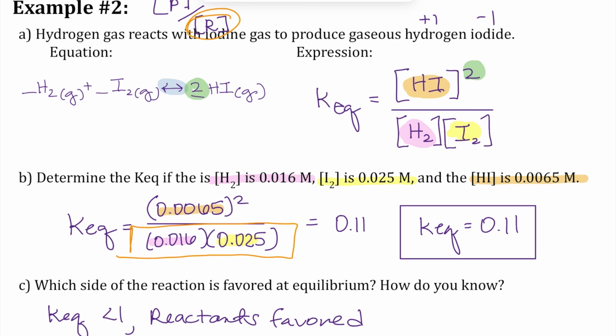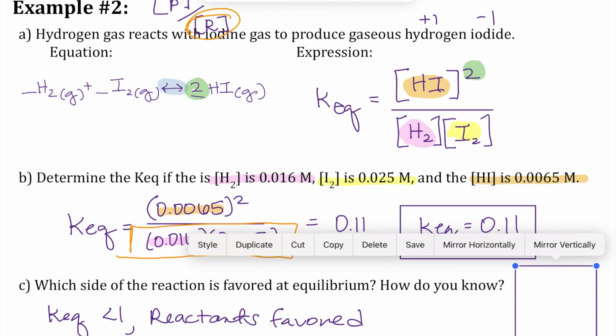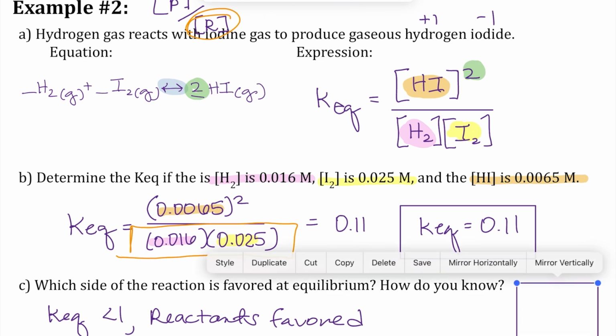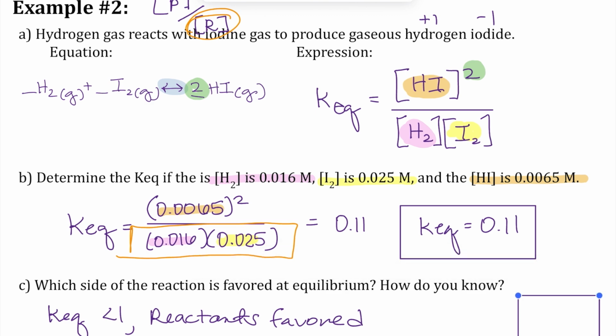If we wanted to model this, I didn't put any modeling on this section of notes, but we could go ahead and model that, and showing that the reactants are favored, we could go ahead and show now my reactants are hydrogen. So I'm going to have that H2, I2, we have a lot of those, but we are going to have not a lot of that HI, but we do have 2 moles of that HI.